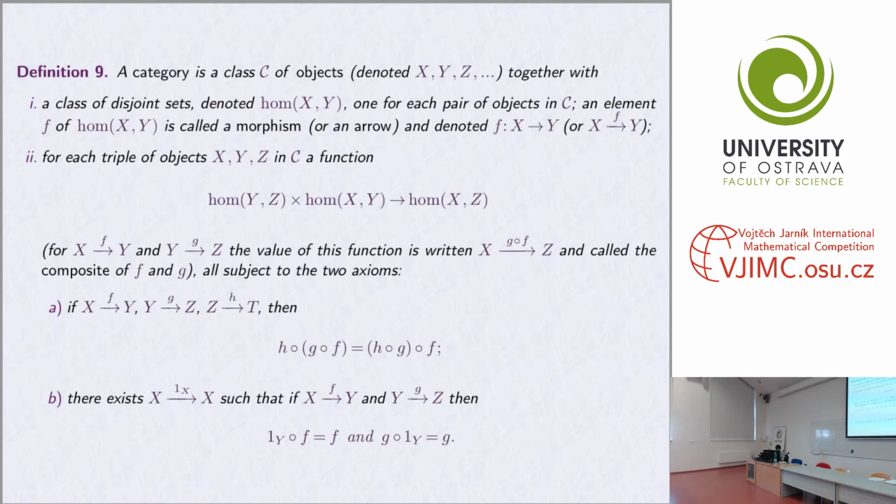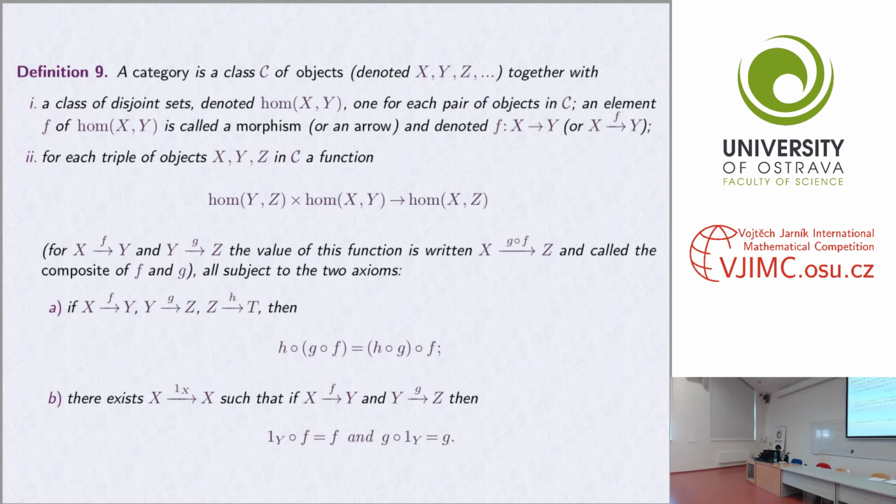Composing anything with identity doesn't do anything. So if we have two morphisms, one going to y and one going out of y, and we consider identity on y, no matter in which order you compose, it doesn't change anything. So this is the most general definition of a category.